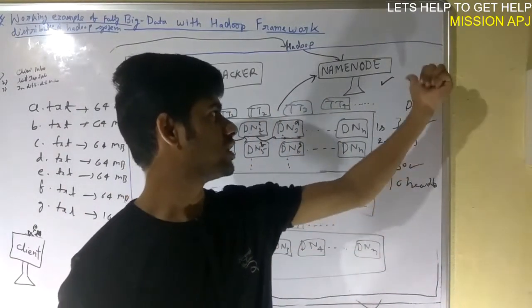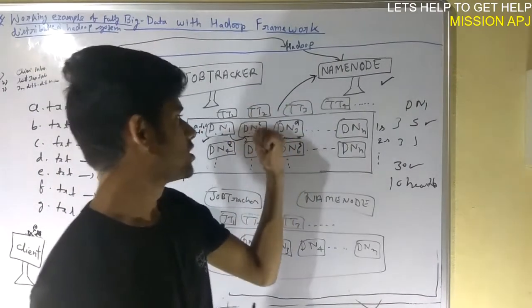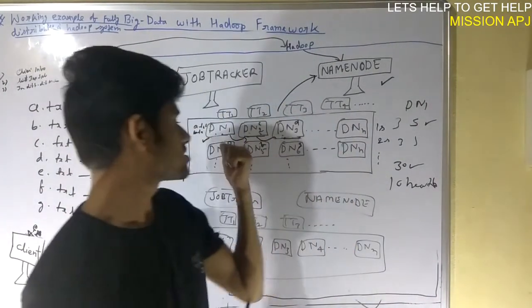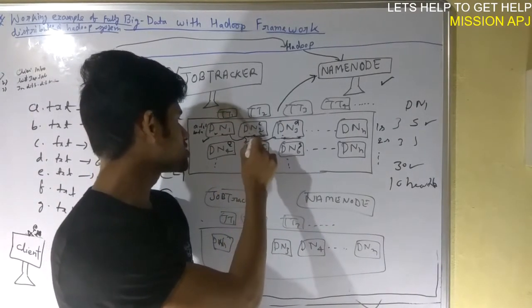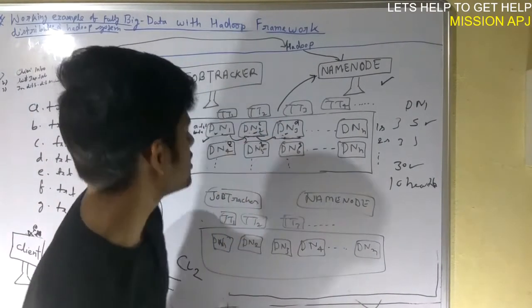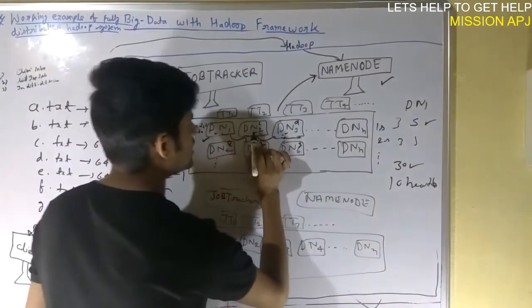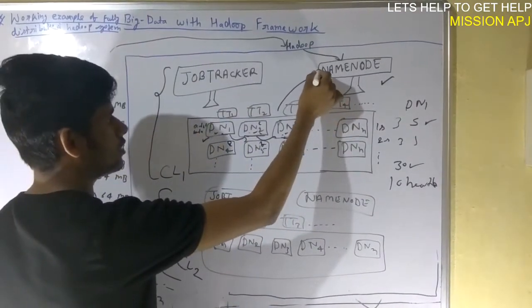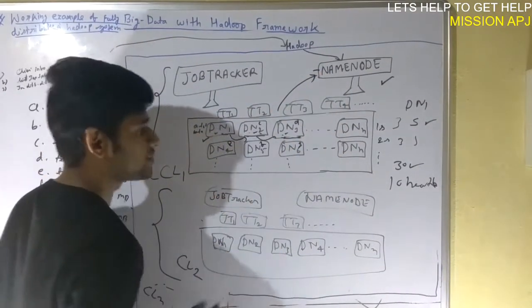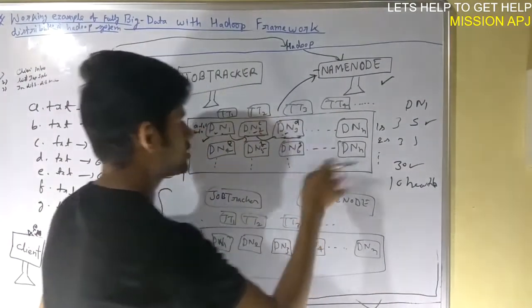So what will it do if it has failed? Suppose this data is stored in data node 1, data node 2 and data node 3. So data node 1's copy is also in data node 2 and data node 3. The name node will now make data node 2 the primary, and data node 3 will be another copy.